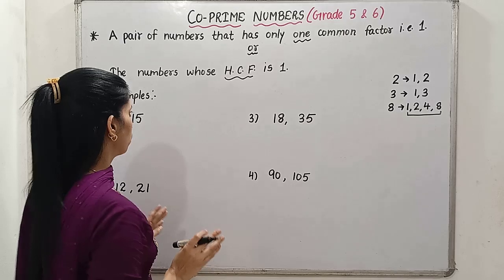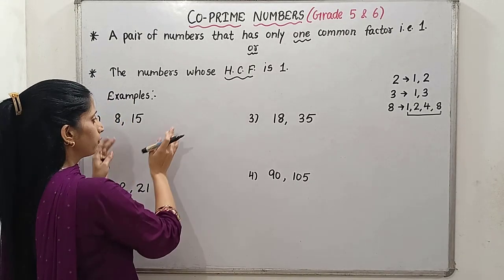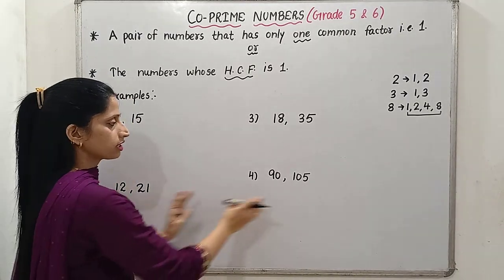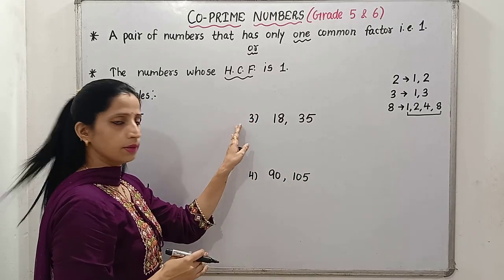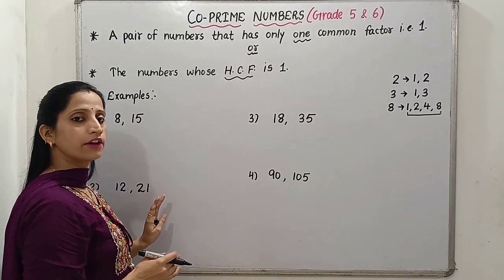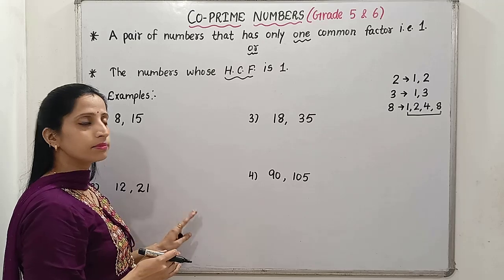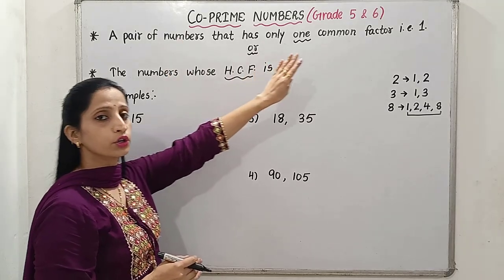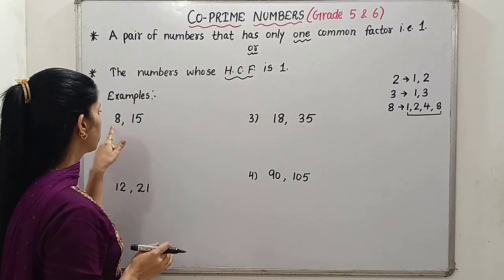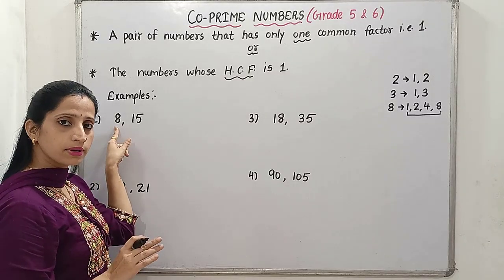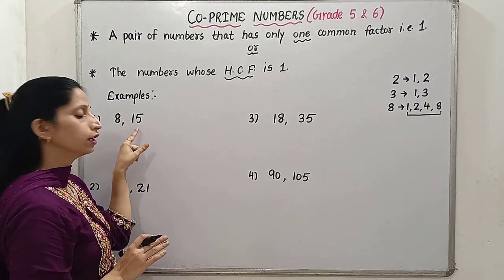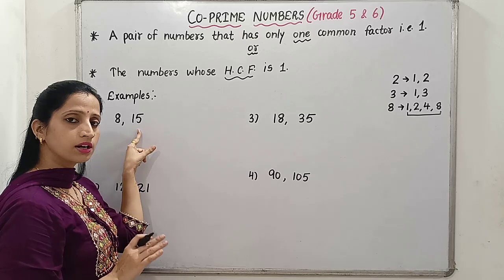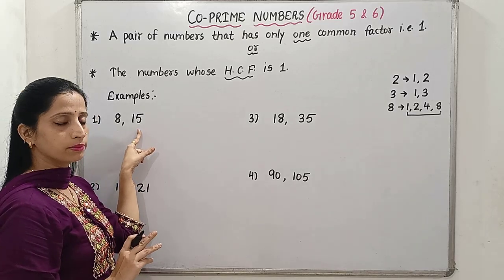Now suppose some examples are given. Numbers are given, and we have to find out whether these numbers are co-prime or not. You will see that 8 is not a prime number, it's a composite number. 15 is also a composite number, not a prime number.